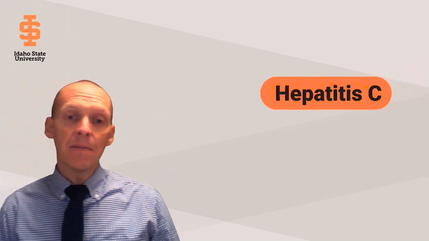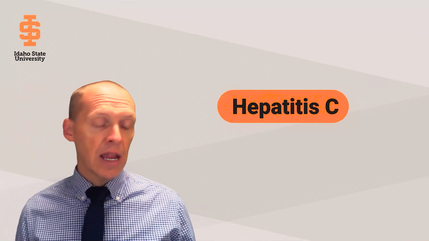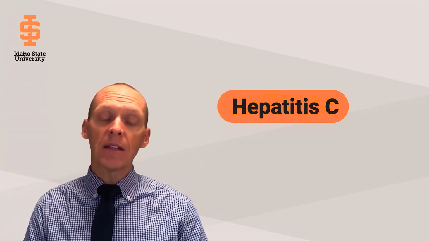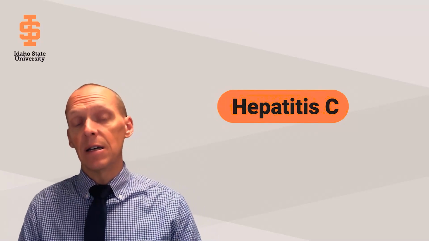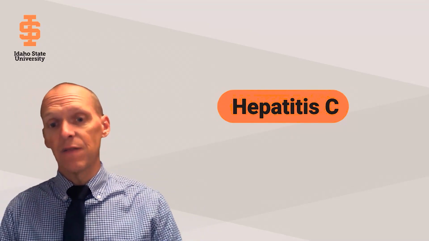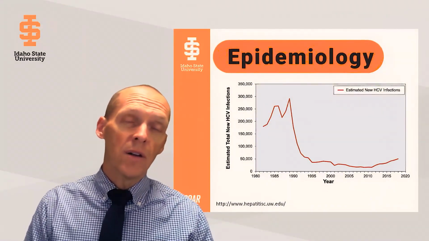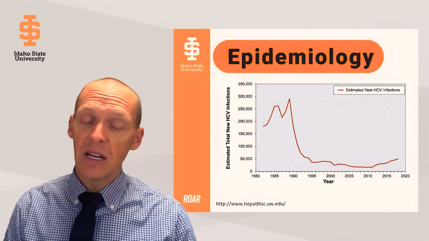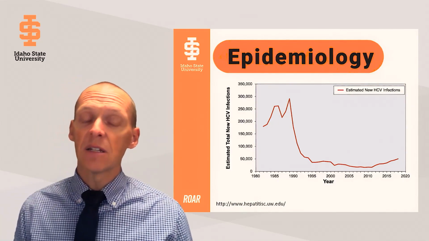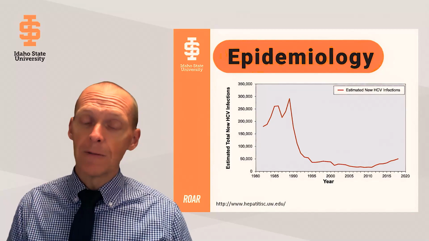Lastly, hepatitis C. Hepatitis C is again a different form of hepatitis. This is an RNA virus, has some similarities as well as significant differences. But looking at the epidemiology, going back into the 80s, until this was identified as hepatitis C and not just as non-A, non-B hepatitis, the major route of transmission was through blood transfusion.